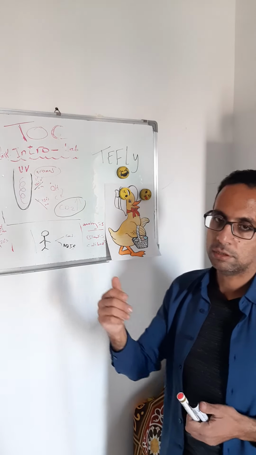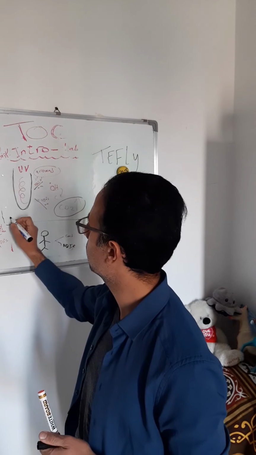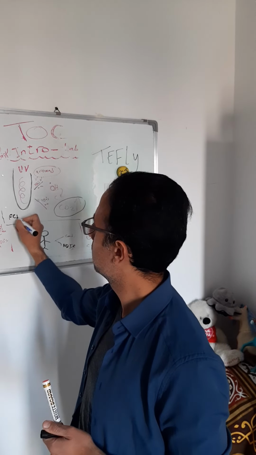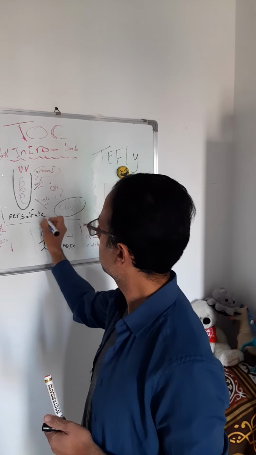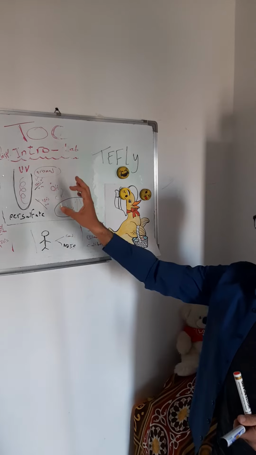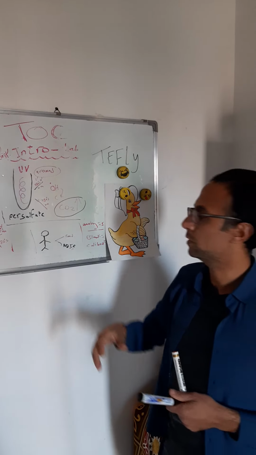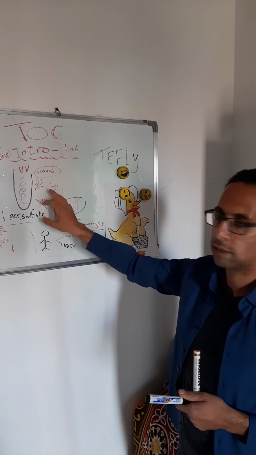Another way is that we use with UV a chemical called persulfate. So persulfate is also a way. There are equations we'll talk about in the next videos. Finally, we get OH radical.